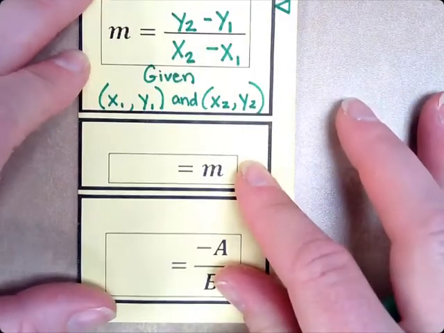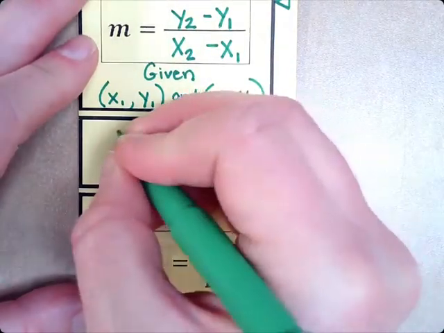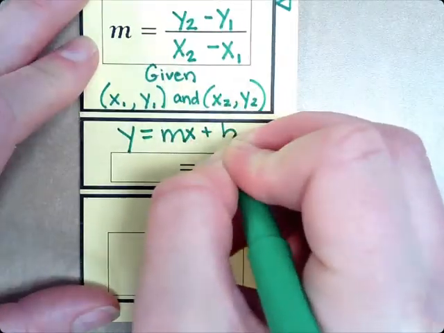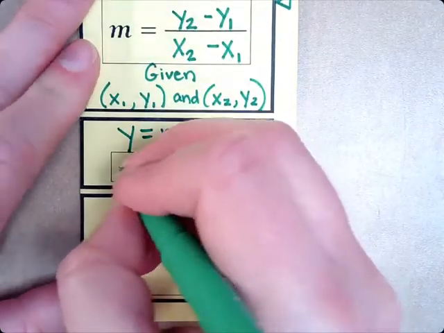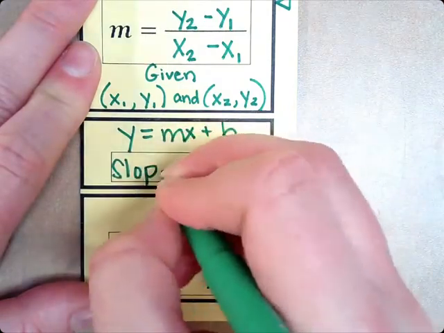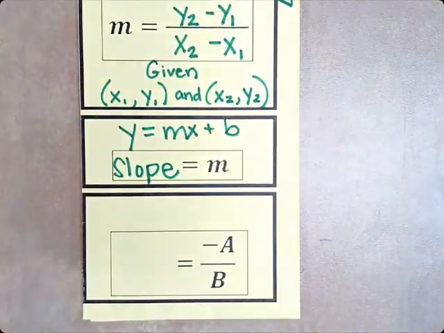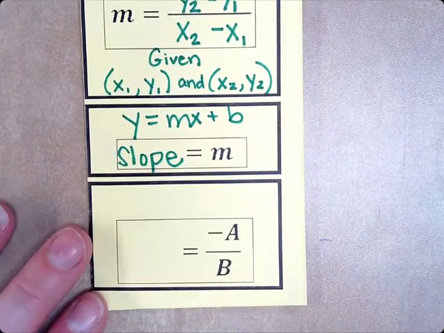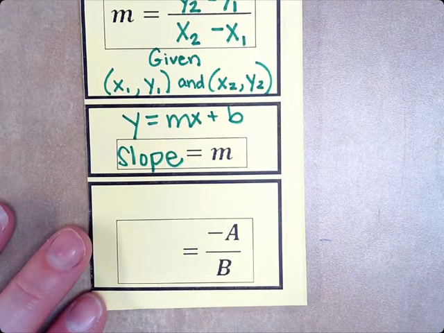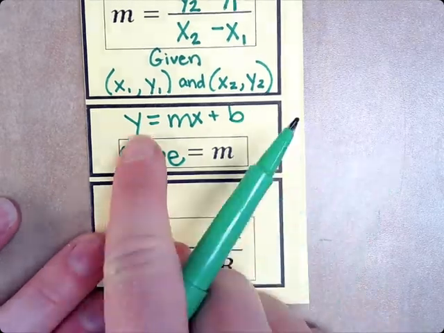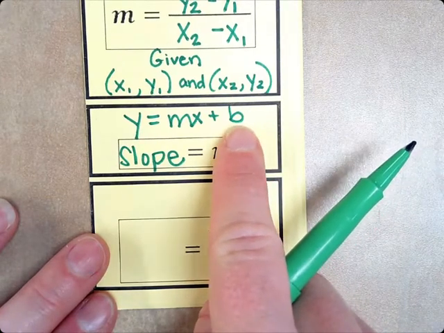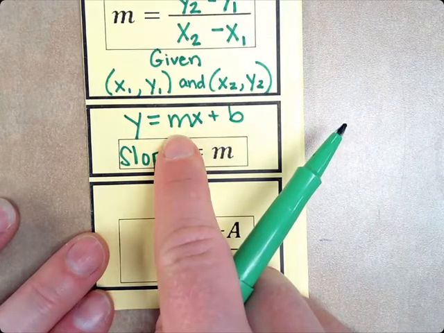We will also look at the equation y equals mx plus b, where m is your slope. This is called your slope-intercept form, where b is your y-intercept and m is your slope.